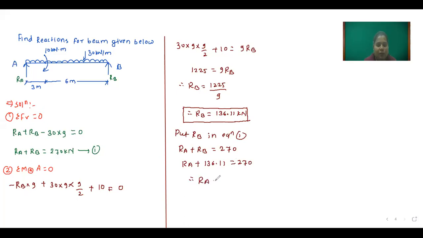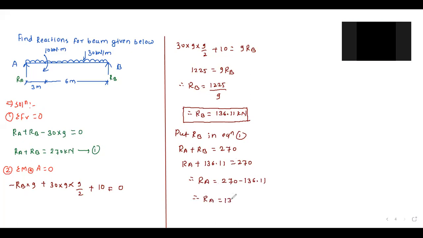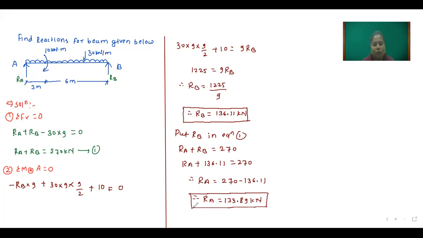Therefore RA equals 270 minus 136.11. So RA equals 133.89 kilonewton. So if a moment is given, you have to find out reactions likewise. Please write down, we will take the next example.